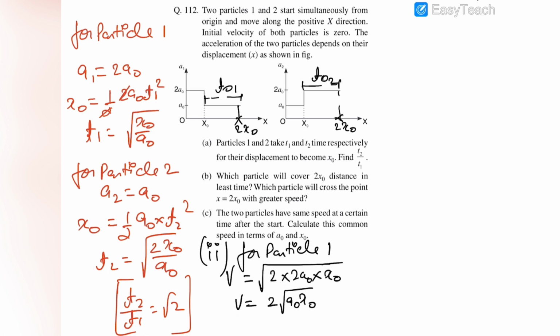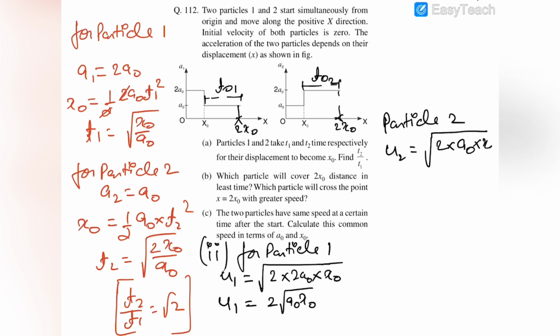And for particle 2, this initial velocity, I can write as u1 and u2. So this is u1 and this is u2. For particle 2, the initial velocity u2 would be under root of 2 into a naught into x naught.